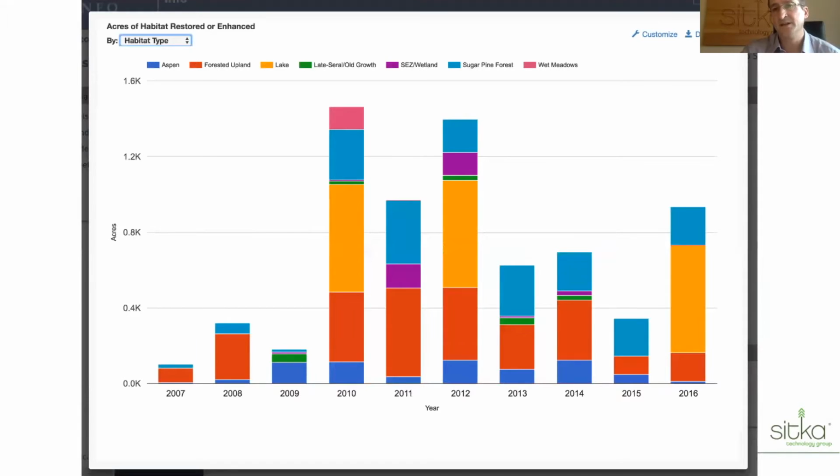And last, this is the stacked bar chart of one of the performance measures, acres of habitat restored and enhanced, and you can see the types of habitat that have been enhanced over time. And you can get some trends and answer some questions and maybe ask, why was it so low in 2015 and what did we do to pull off the big numbers in 2010? So these are the types of analysis questions you can start to ask when all your time and energy is not consumed with data corralling and simply creating reports.